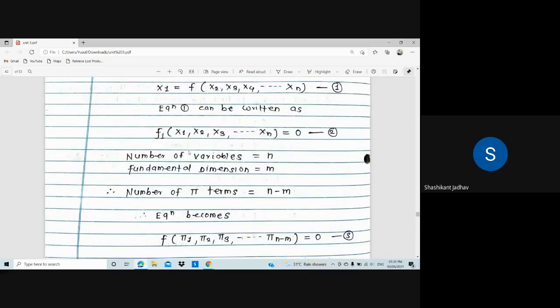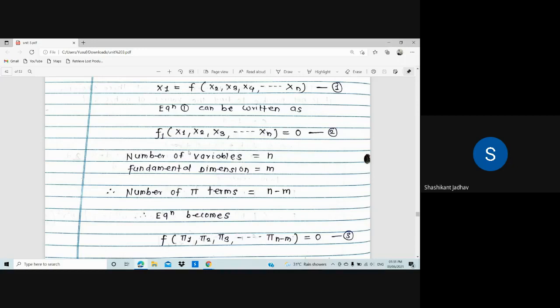Okay, so how to write this equation 1? Equation 1 can be written as: x1 is a function of, so therefore we have to take another function and take all the quantities in the bracket.